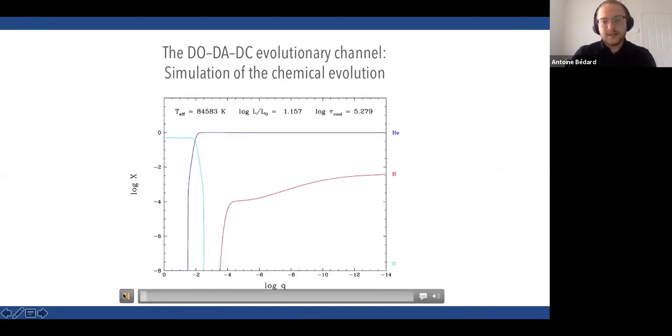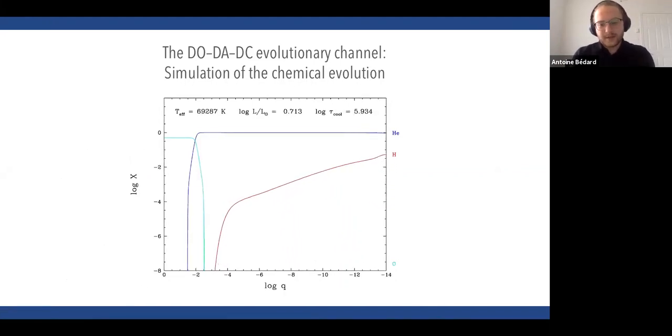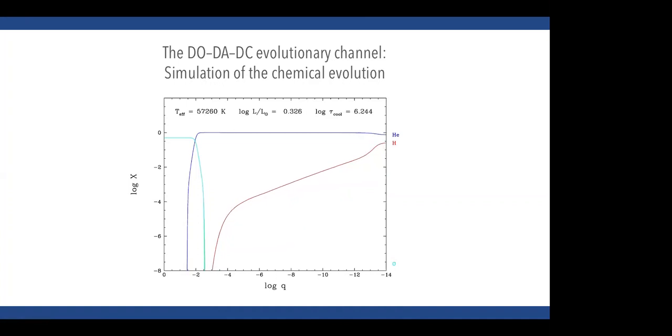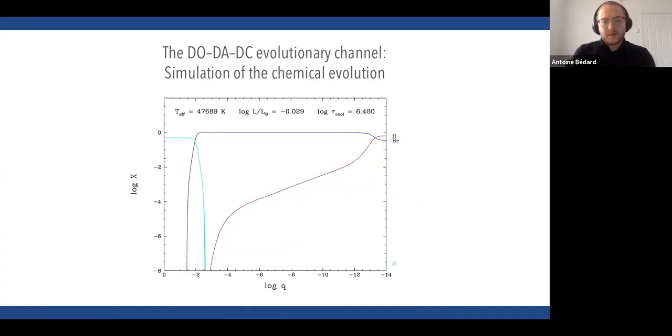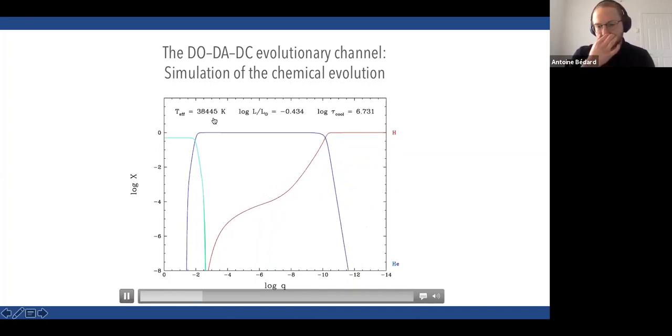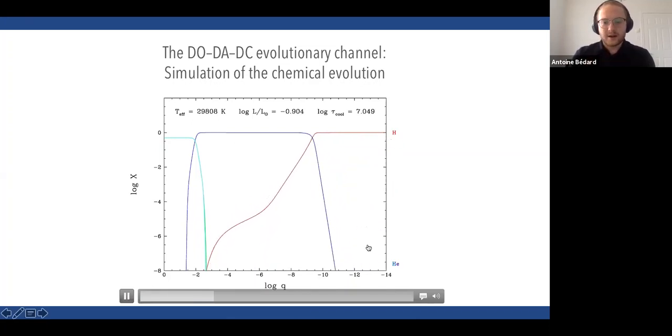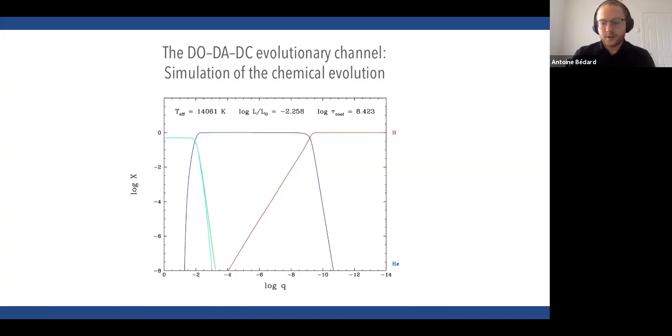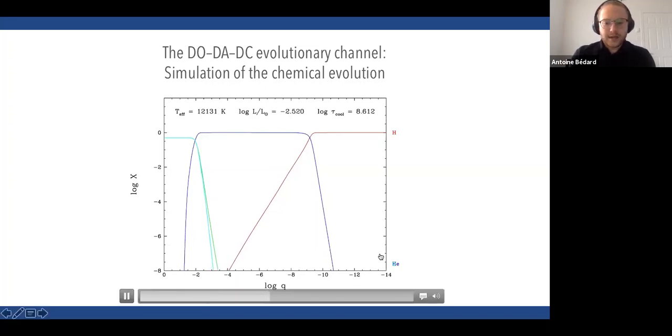So first, the hydrogen floats up as expected, and the atmosphere turns from helium-rich to hydrogen-rich at about 45,000 Kelvin. So we now have a DA star. And then not much happens here. The star reaches diffusive equilibrium, but then at lower temperature, the hydrogen convection zone appears and reaches into the underlying helium envelope.